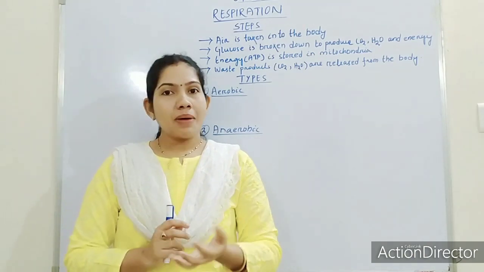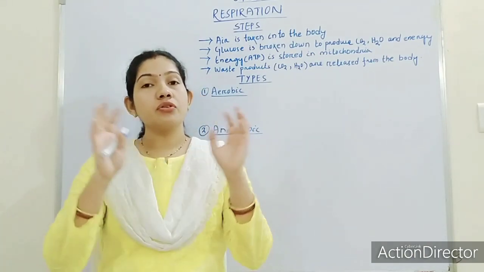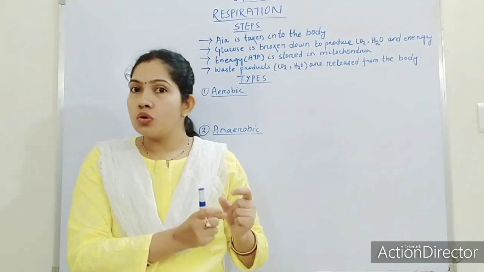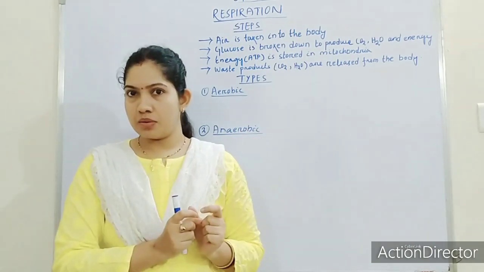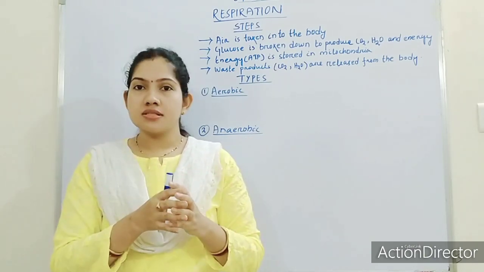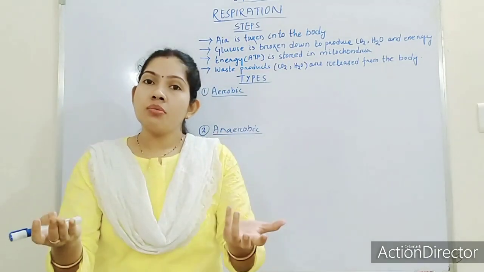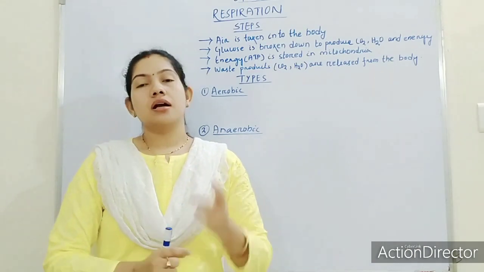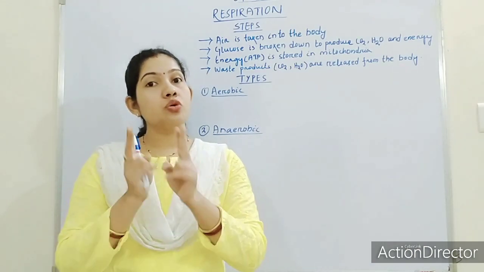By taking up oxygen from the atmosphere, the food particles or the glucose present inside our body react with oxygen and form carbon dioxide, water and energy. Carbon dioxide and water are the two byproducts.